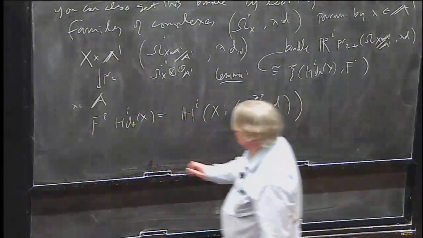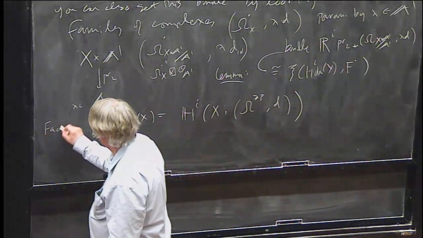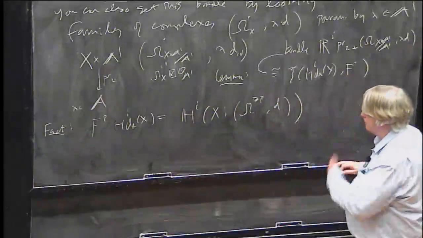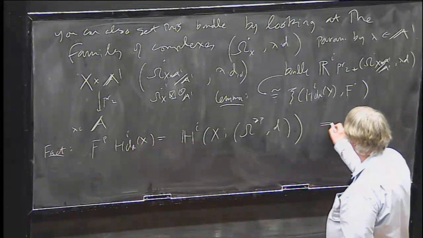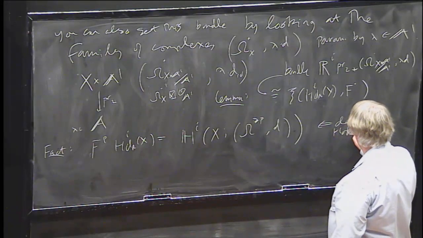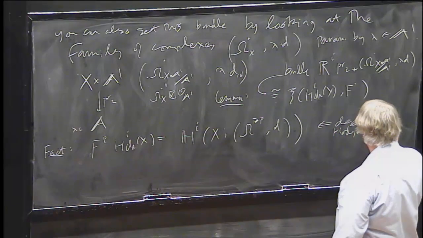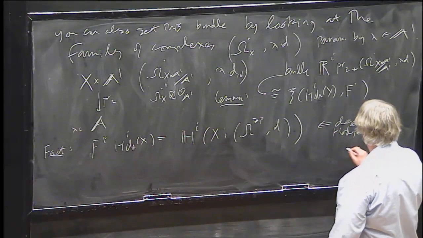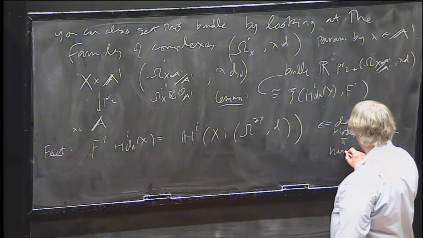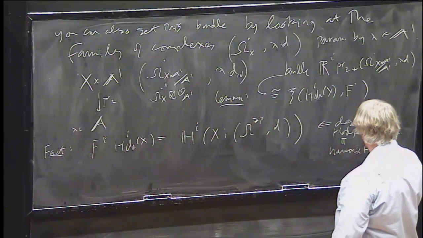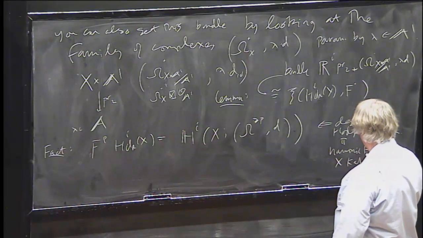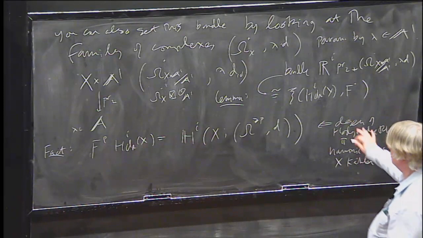We'll say fact here. This basically comes from the degeneration of the Hodge to de Rham spectral sequence, which in itself comes from harmonic forms on X. So, yeah, sorry about that.